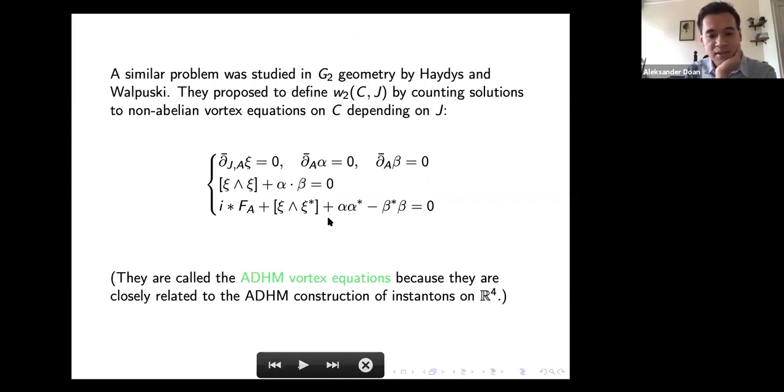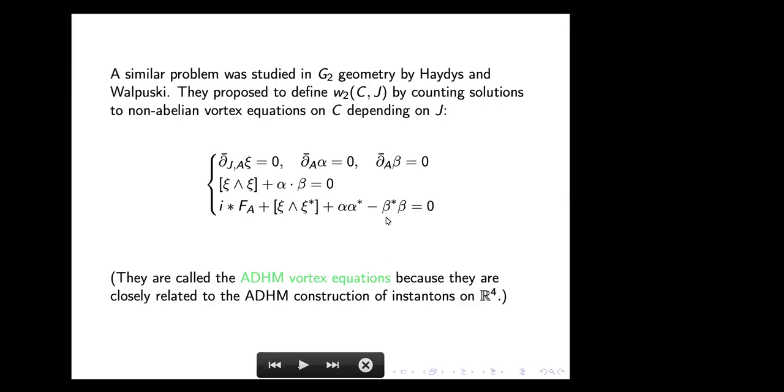Then what you get is just the standard vortex equation on a Riemann surface. And the standard vortex equation is actually a dimensional reduction of the Seiberg-Witten equation. So these additional sections, alpha and beta, which I neglected, actually tell you how much it should jump. It's all related to solutions to the Seiberg-Witten equations, or reductions of them.